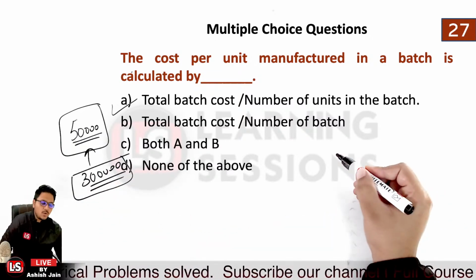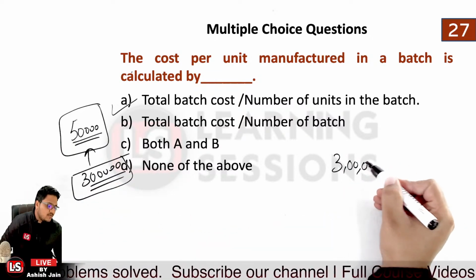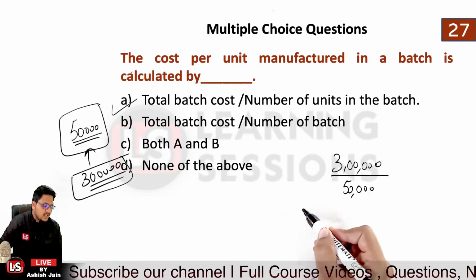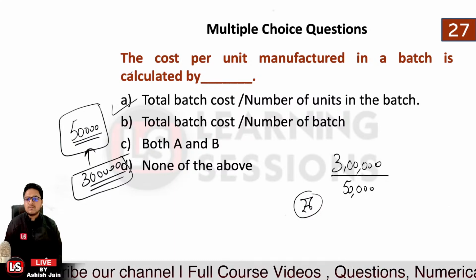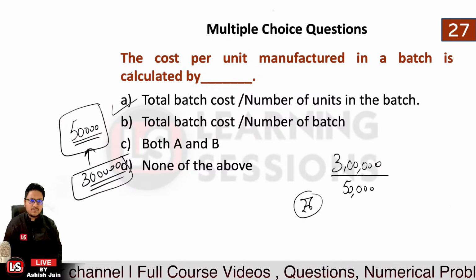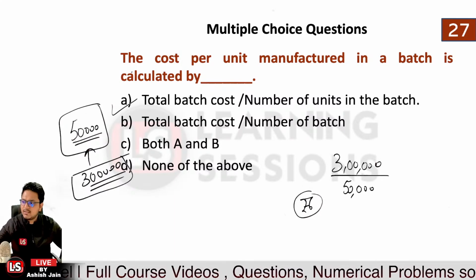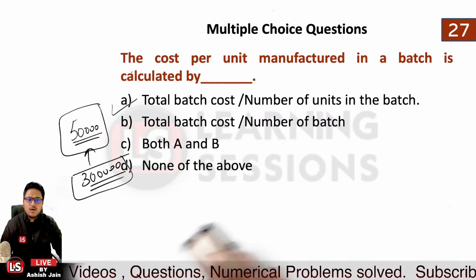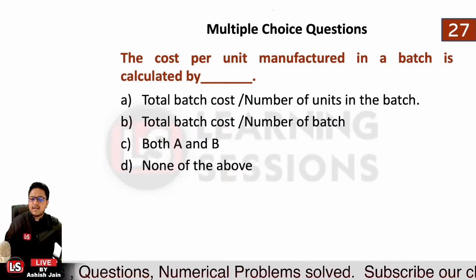It will be the total cost incurred, that is 3 lakh, divided by the number of units, that is 50,000. So rupees 6 would be the right answer. In this case it will be option A.